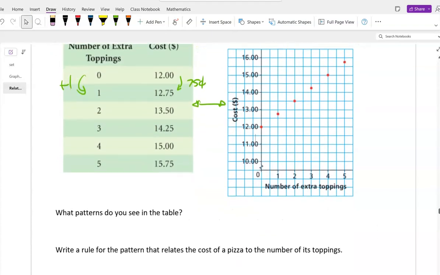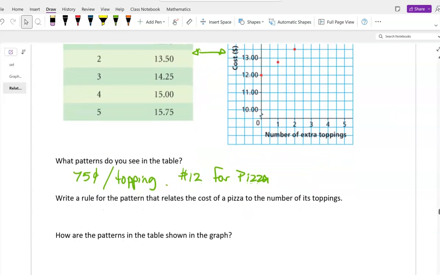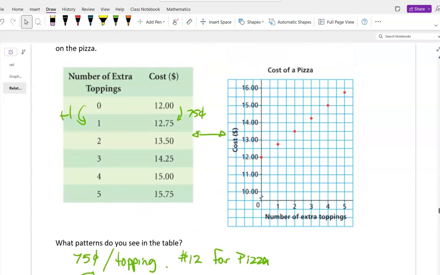Okay, what patterns do you see? I see 75 cents per topping. I see a constant rate of change. I see $12 for a pizza plus the number of toppings. So let's write a rule. Okay, a rule would say, what variable should I use?